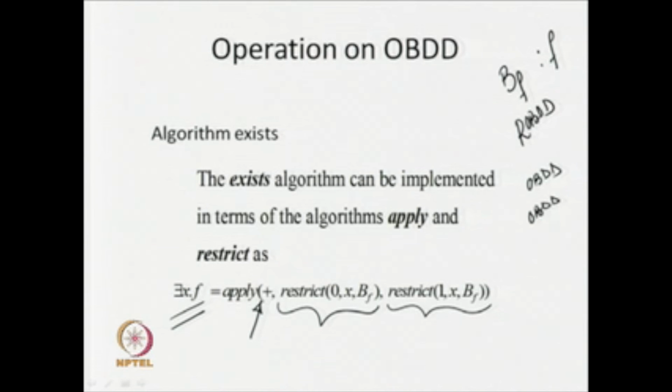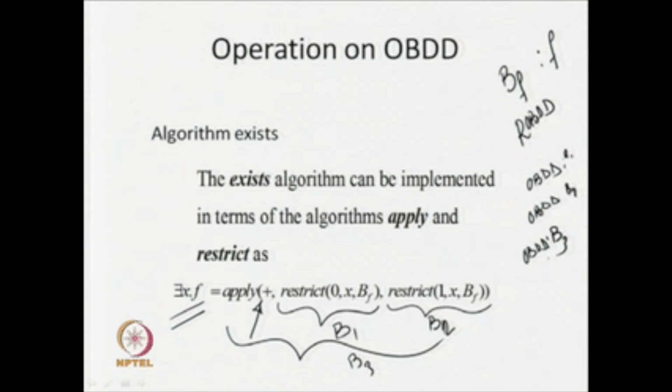Now, we are going to apply the operation plus in the apply algorithm. So, the resultant will be another OBDD. So, I can say that this is B 1 and this is B 2. So, I am getting OBDD B 1 and OBDD B 2. After performing this apply operation, I am going to get another BDD, say B 3.